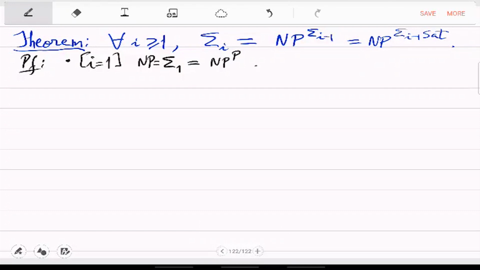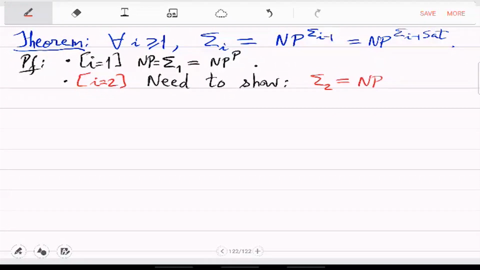So that's clear. The first interesting thing happens at i equal to 2. Okay, so we need to show that sigma 2 is NP to sigma 1 SAT, which is SAT.